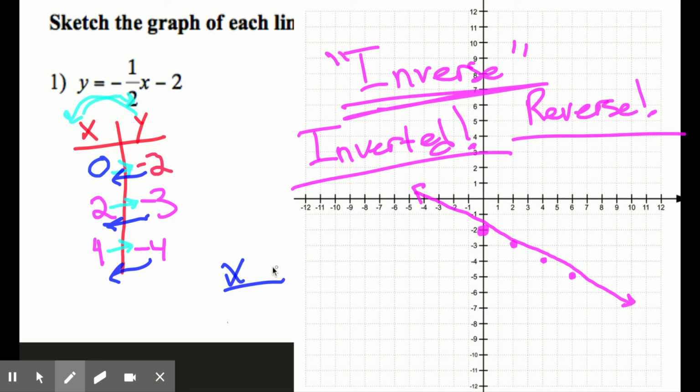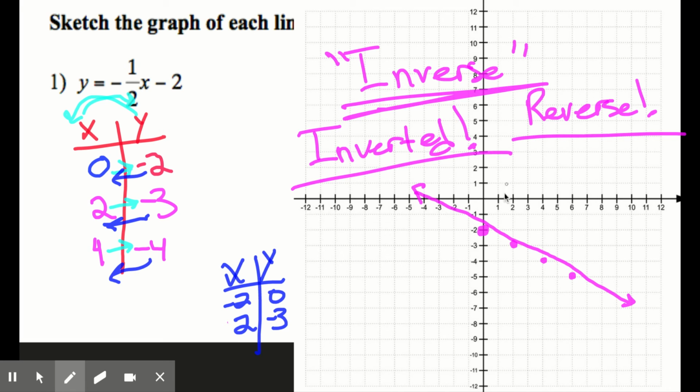So an inverse of this function would be taking these points and instead of 0 to -2, -2 to 0. So the x and y switch places. What used to be the outputs are now the inputs. What used to be the inputs are now the outputs.